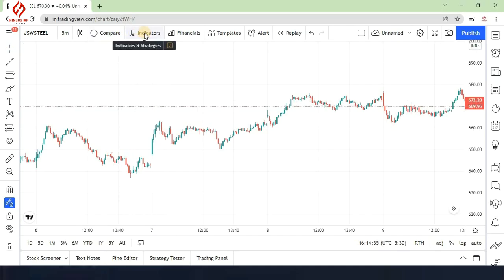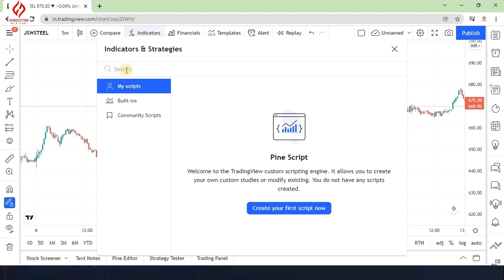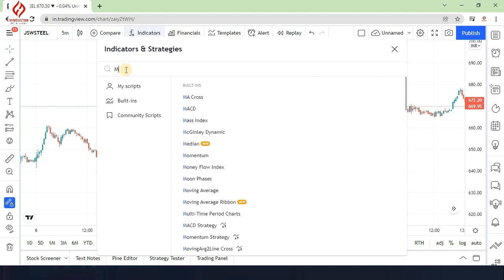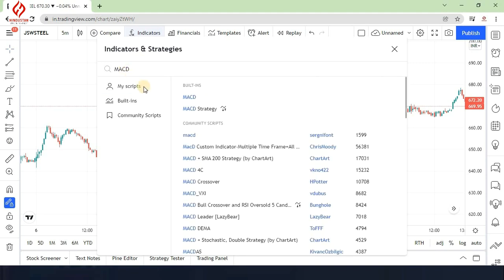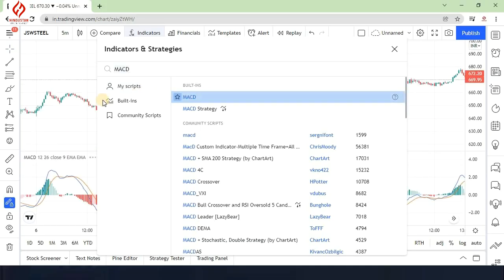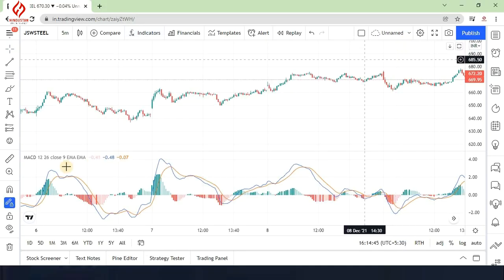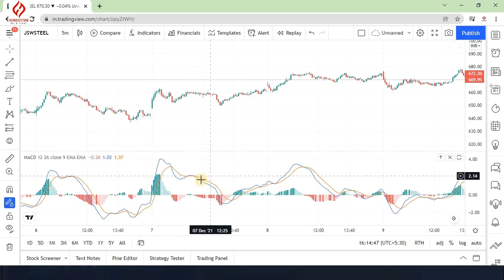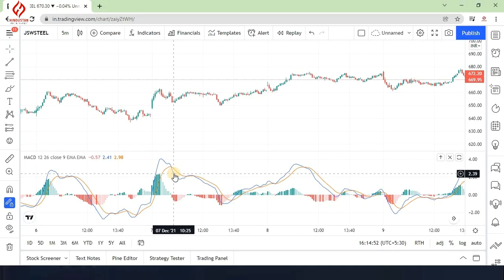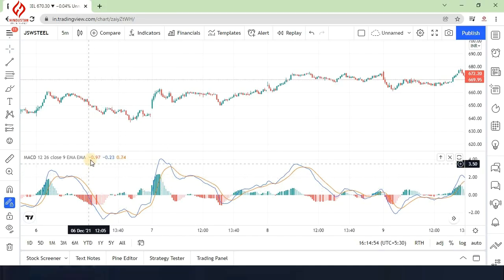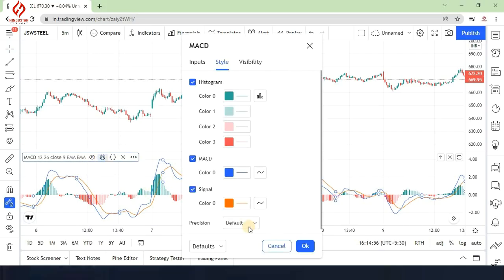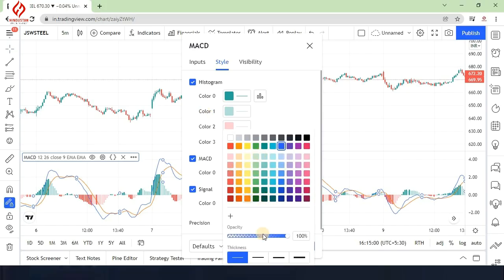For that, you just go to the indicator section, and in the search box type MACD, and select the first one. We have plotted the MACD indicator on our chart, and there are three important components in this indicator. Before that, let me do some settings. Let me increase the thickness of this MACD line and signal line.